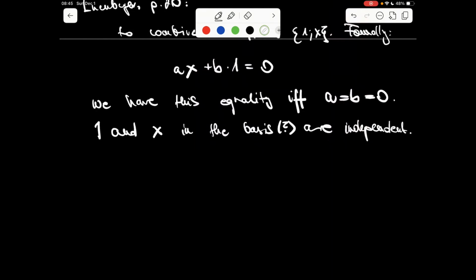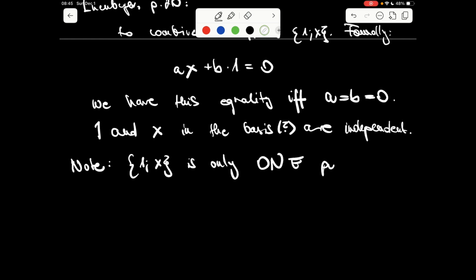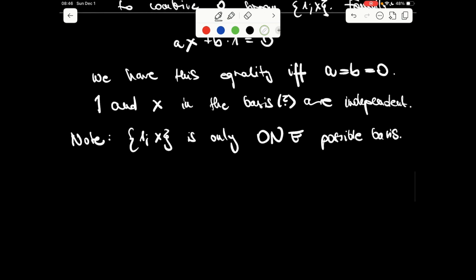The dimension of the basis is 2, but please note that this is very important: 1 and x is only one possible basis. So we may try to find another basis. So let's try to find one.